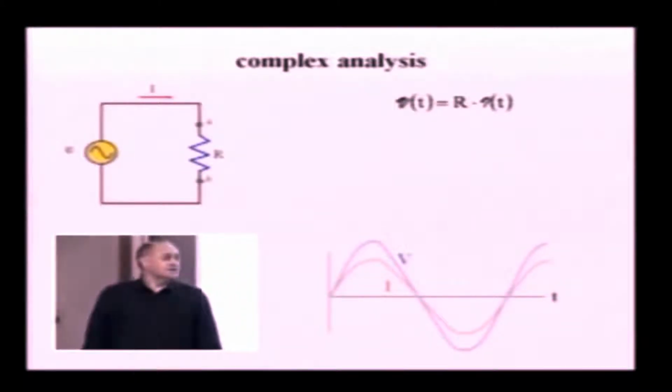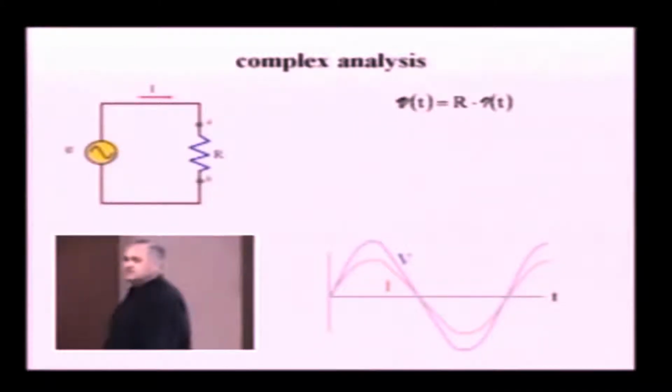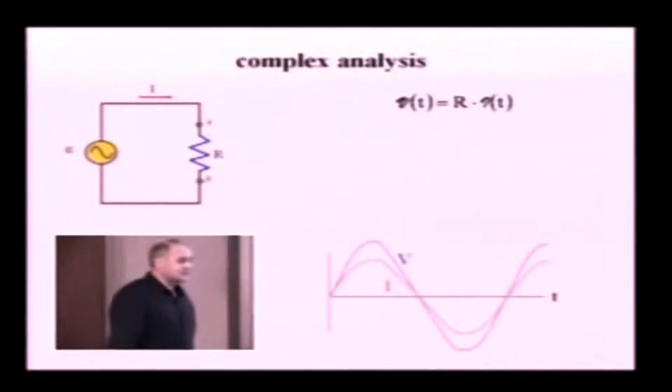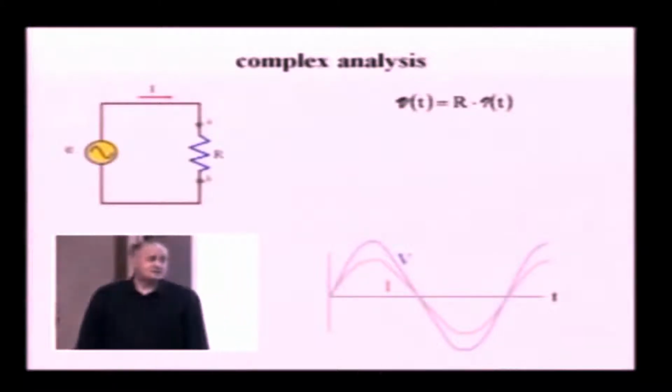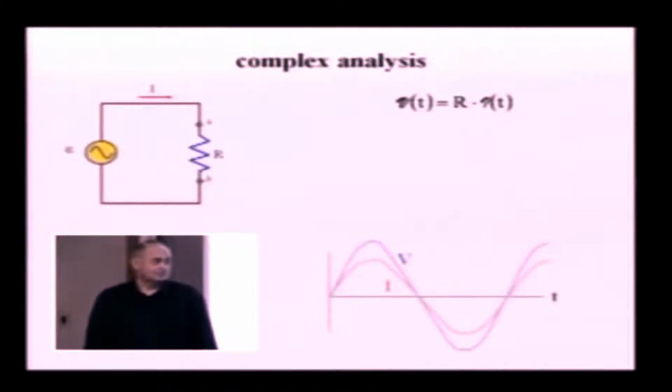Now, how is the instantaneous value of a voltage related to the instantaneous value of the current? What is the coefficient between those two? What is I?